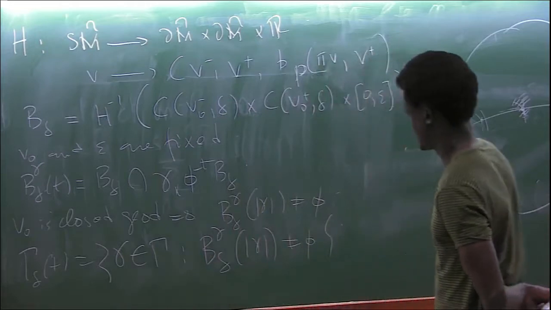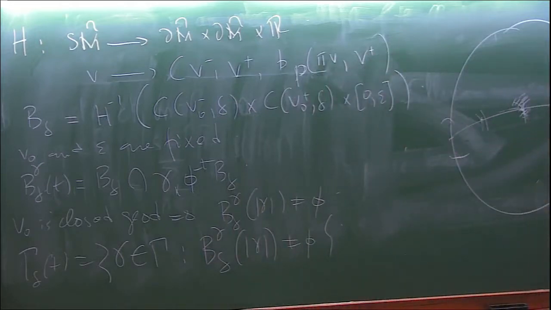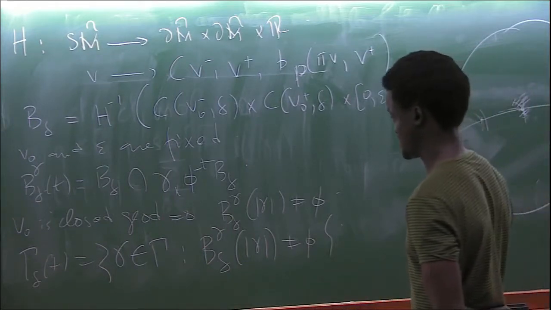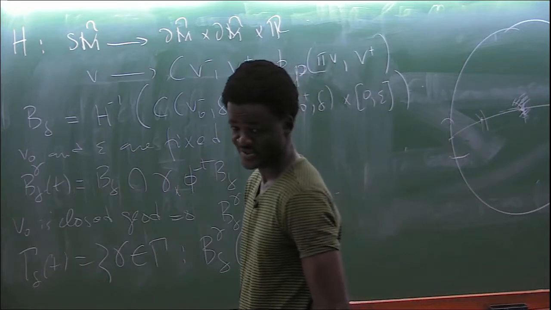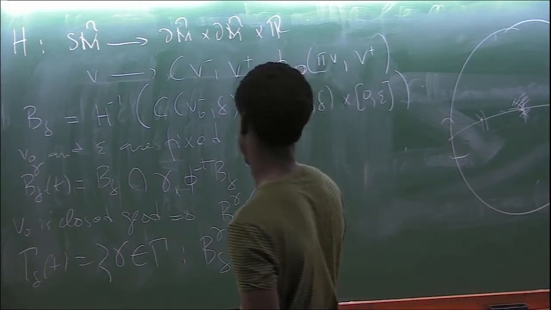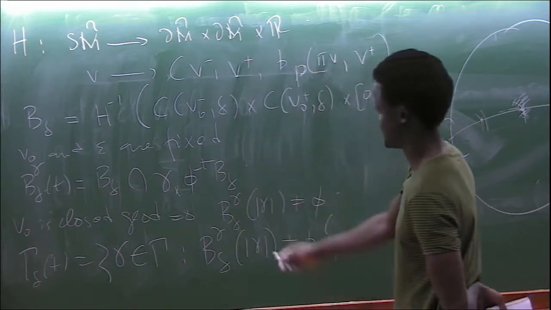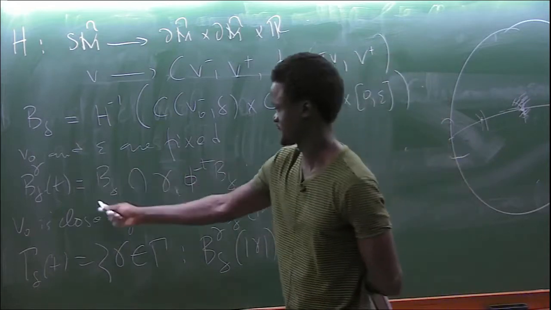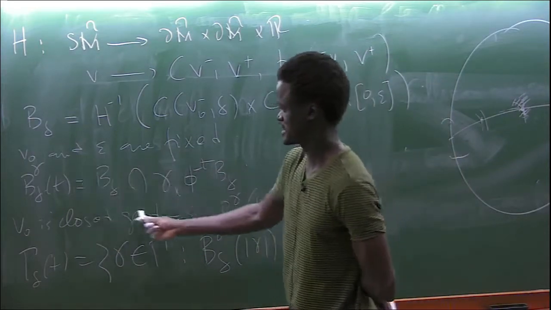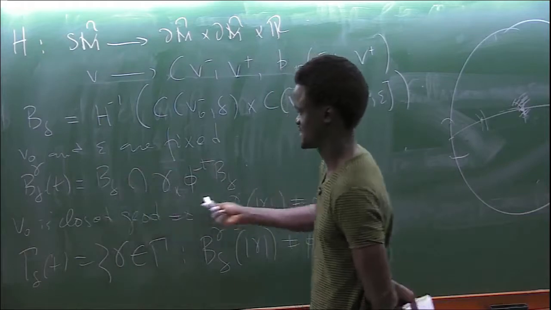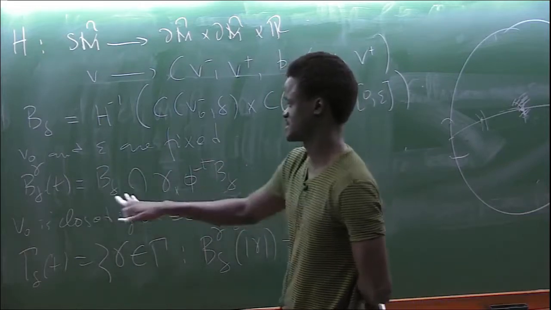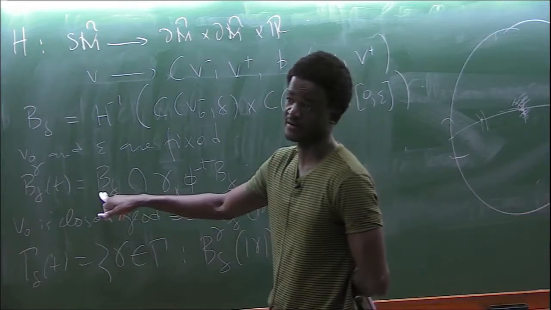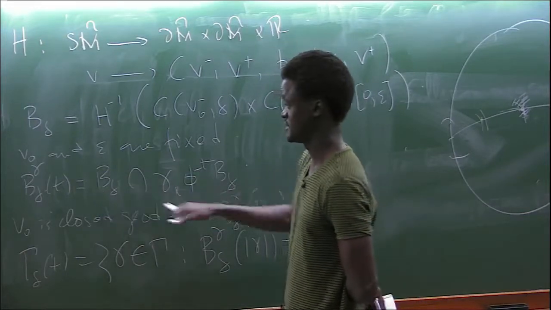And this is basically where you need to use your properties, like mixing and the measure being a product measure. No, I cannot go further. So basically the mixing is used here because at some point you need to estimate the measure of this set, and by mixing, the measure of this set is like the measure of this set squared as t goes to infinity.